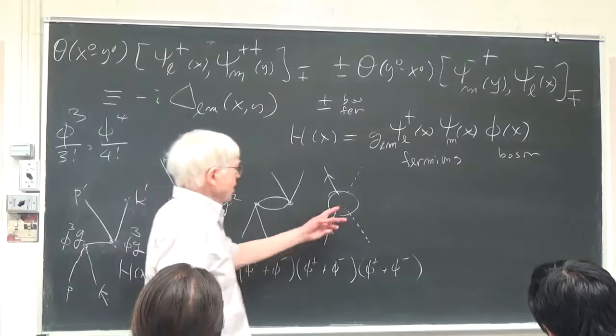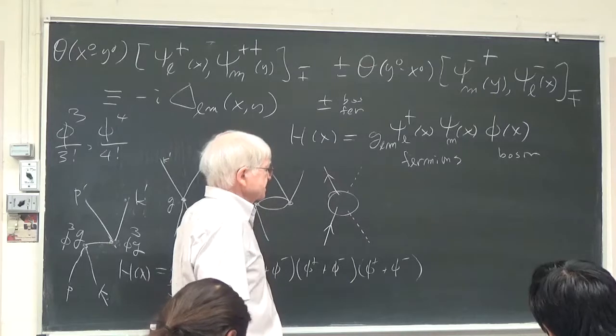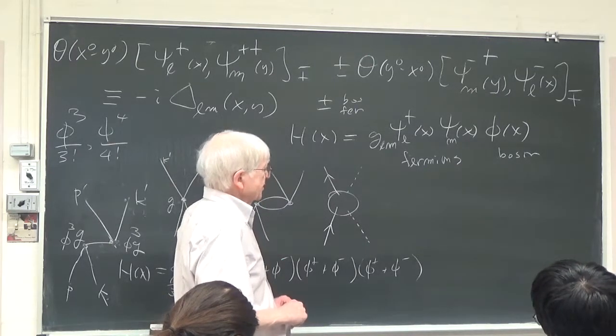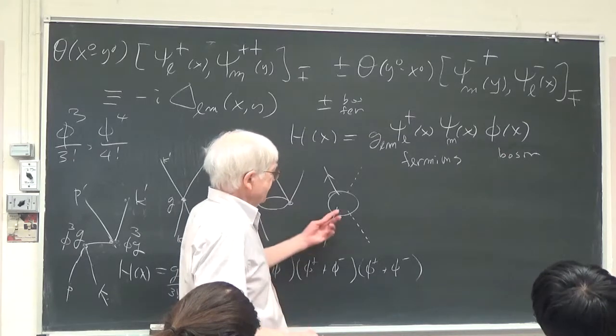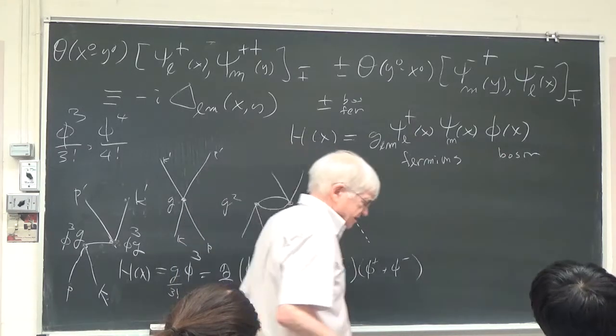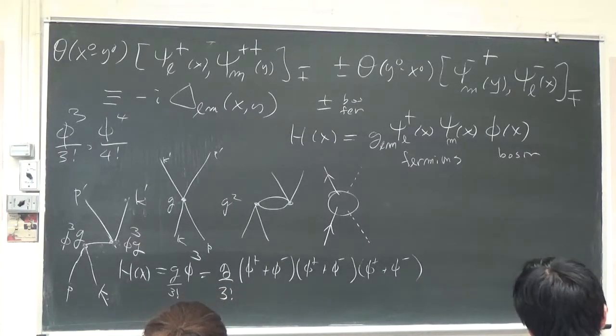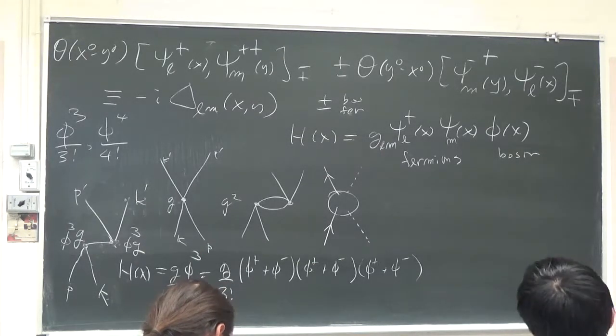So this is the thing we want to compute, and it's pretty clear that you have to go to second order because you can't just have three fields produce four particles, absorb two and create two.